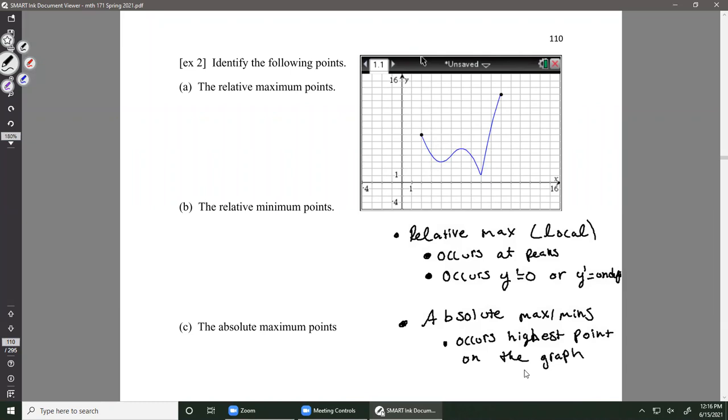So the absolute highest point on the graph, it doesn't have to look like a hill. It doesn't have to look like a valley. It's just absolutely the maximum point or absolutely the lowest point.